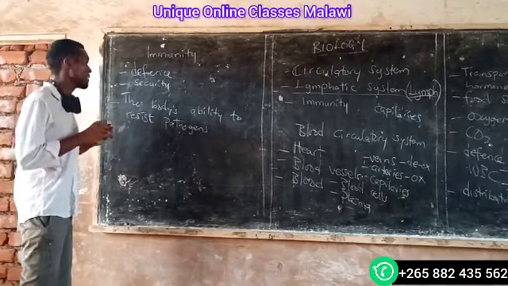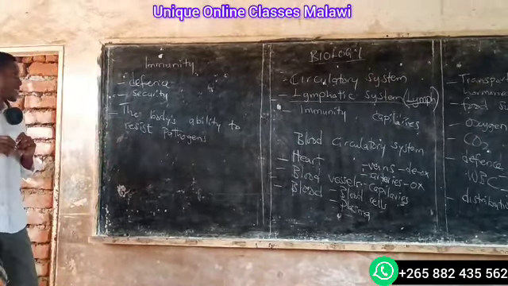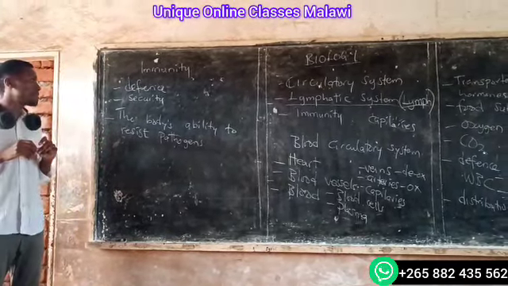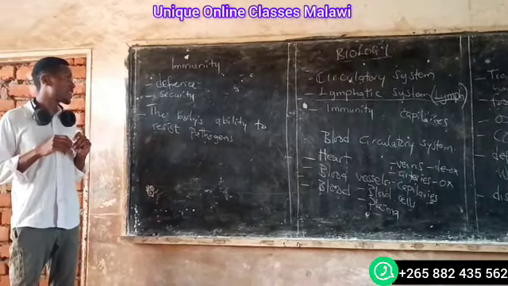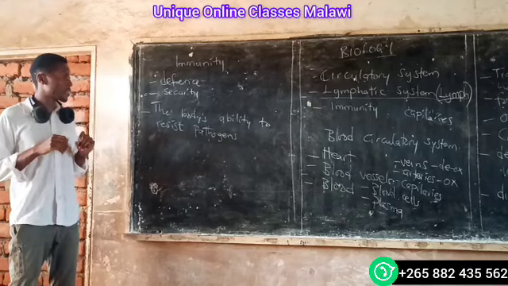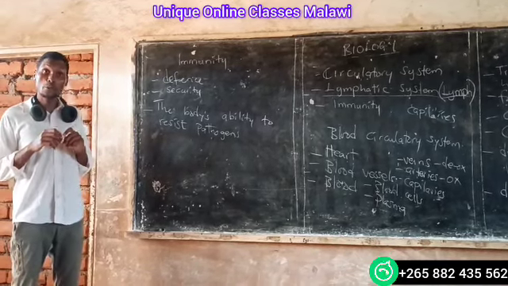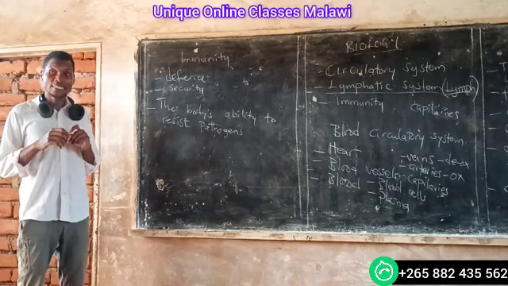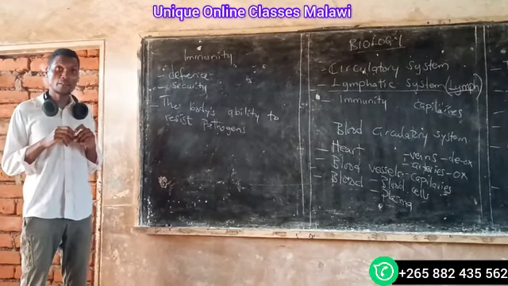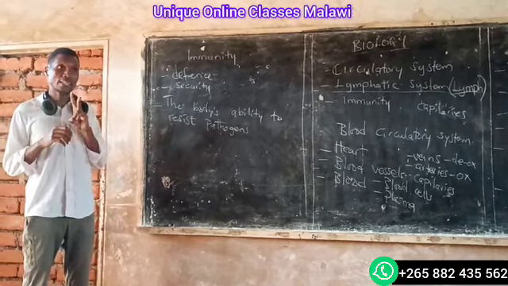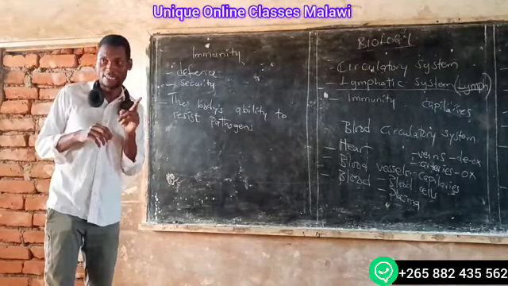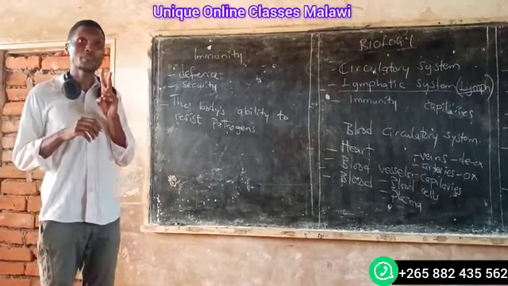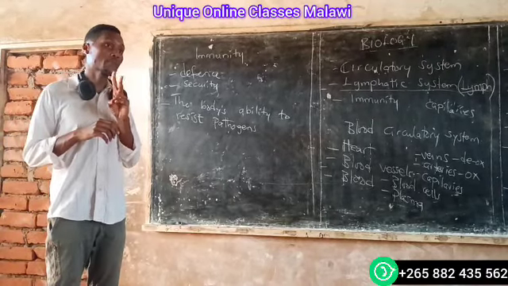Immunity is the body's ability to resist disease-causing pathogens. Now we have the types of immunity. Tomorrow we're going to talk about two types of immunity.